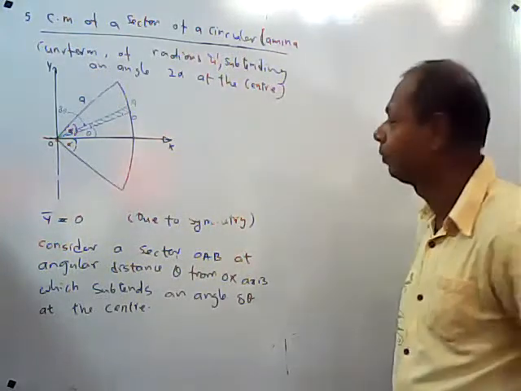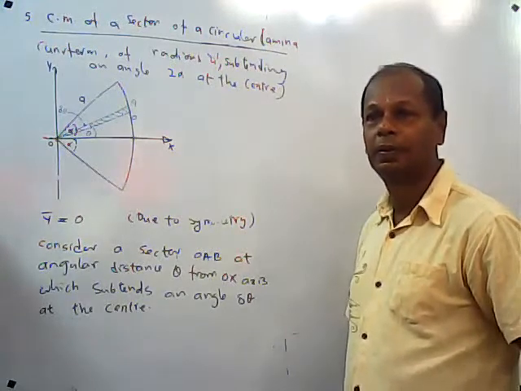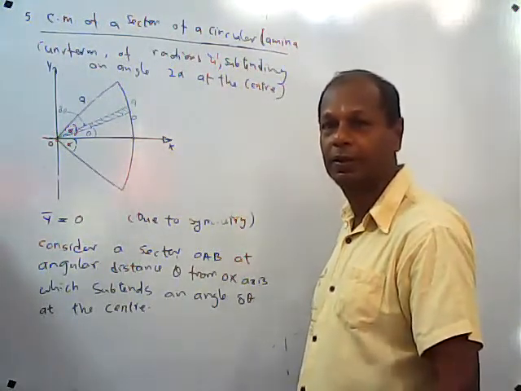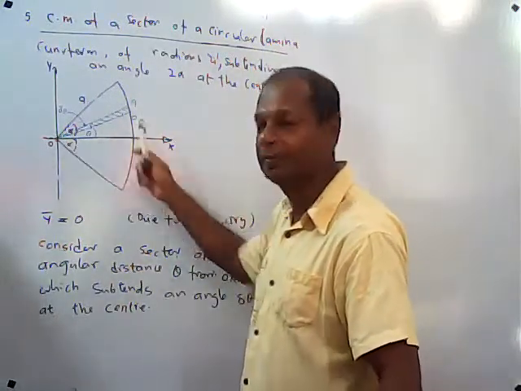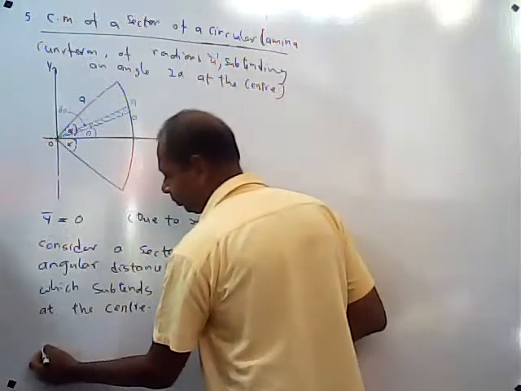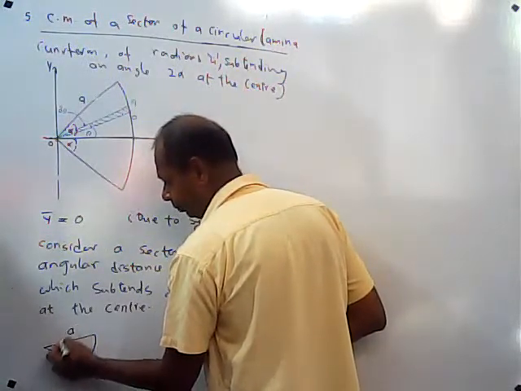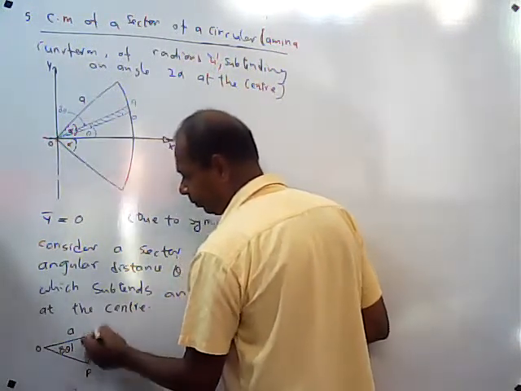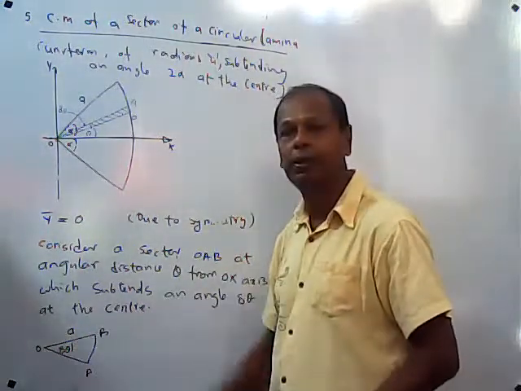Now, what happens, children? To find delta m, first we have to find the area of this. Delta theta, the sector area.